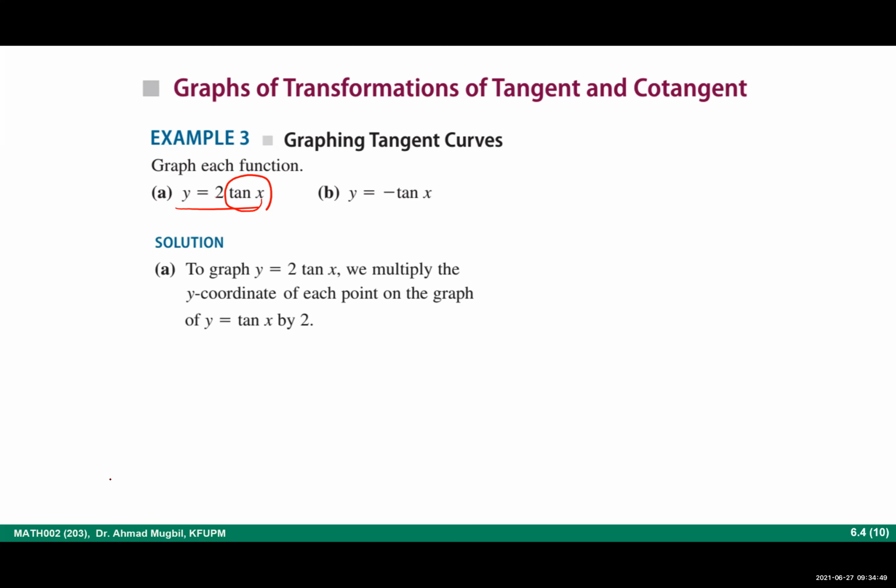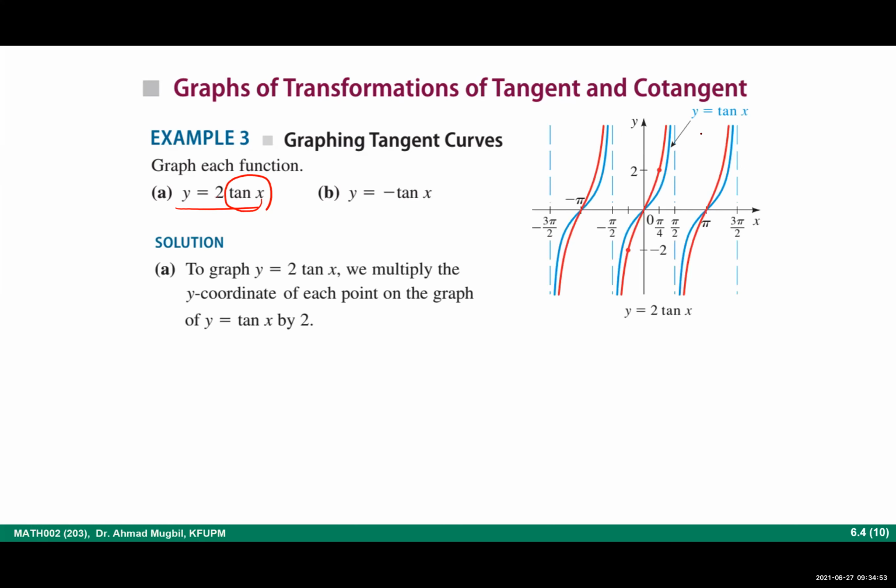The shape will be almost the same. Look, the blue one is tangent. Now the red is 2, the double of tan. What happens at pi over 4? It was 1, and now at pi over 4, it becomes 2. This is the only difference, so it is a kind of stretching. For us, they look the same. If you ask me to sketch the graph of 2 tan x, I will make it also like this.